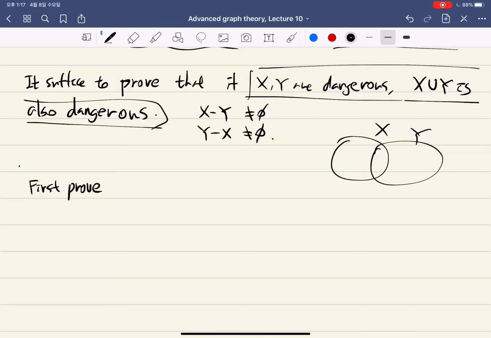So we want to first prove that, for X union Y, this delta is for G. If we don't write anything, this is for G. The number of edges leaving X union Y is odd.